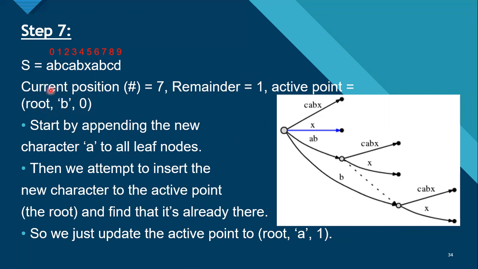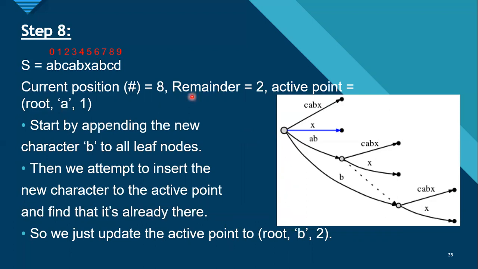The active point is now the root, and we will find that we have an outgoing edge at the root node that starts with A. So we don't change anything about the tree, and we just update the active point to be root A1. And we are done with this step.